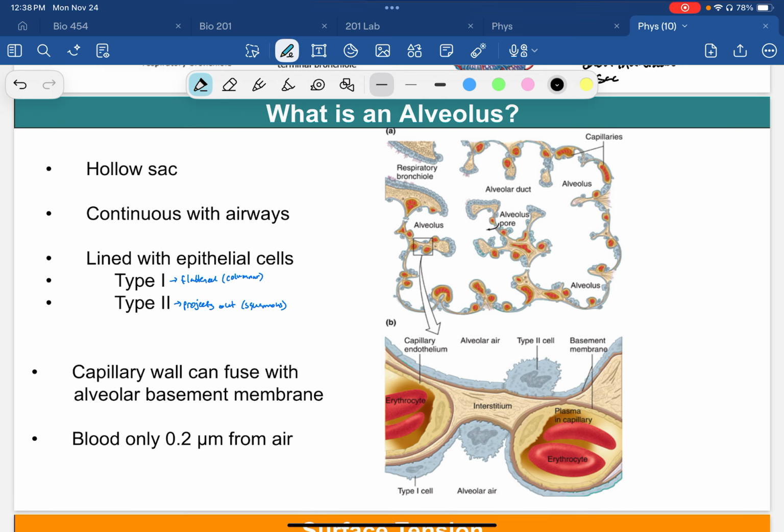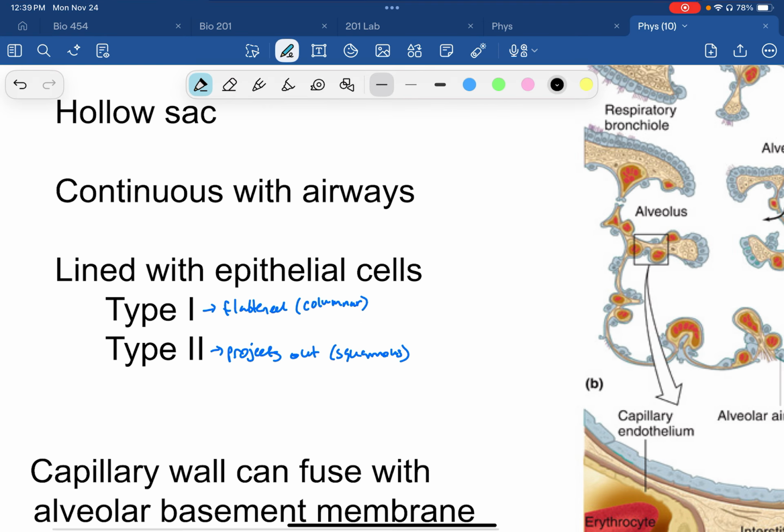So what is alveoli, basically? They're hollow sacs, and they're continuous with our airways. This allows for the gas exchange that we need happening. There are two types of cells that are important in our alveoli, type 1 and type 2. Type 1 is flattened and columnar, so this allows for gas exchange.